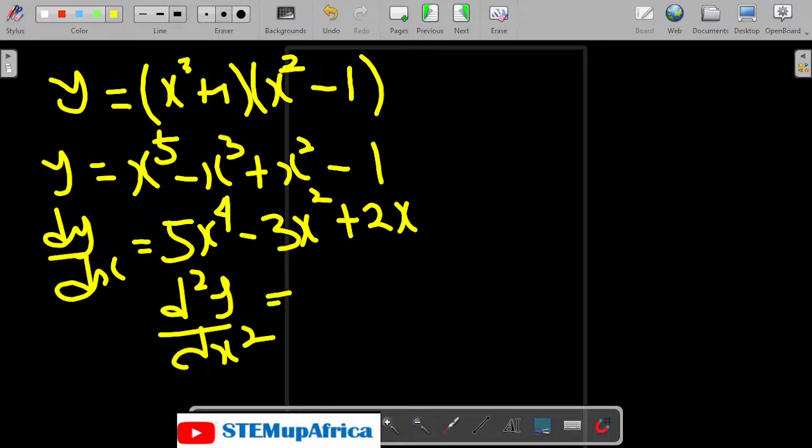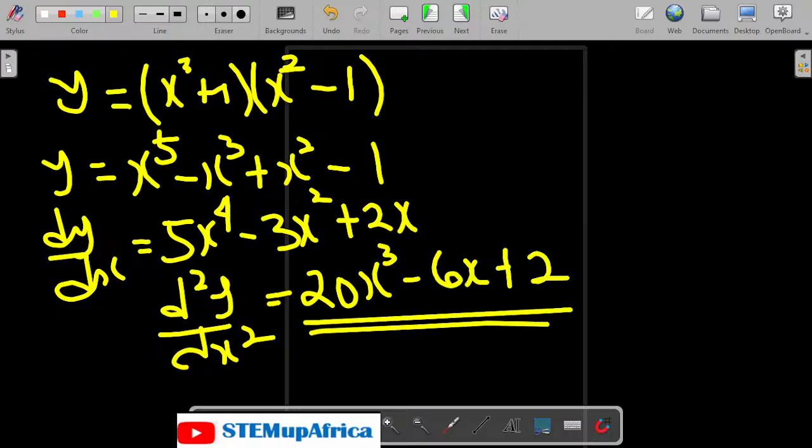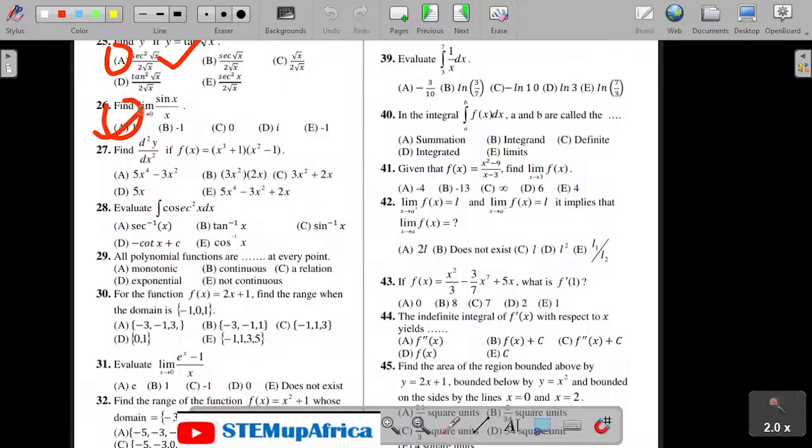I'll get it from the first derivative, which is 20x to the power 3 minus 6x plus 2. This is the answer, 20x cubed minus 6x plus 2. Fortunately, we don't have any option here. There's no solution to question 27.